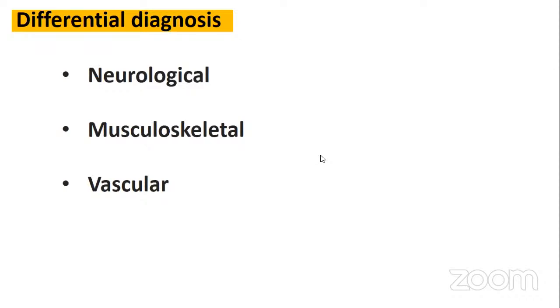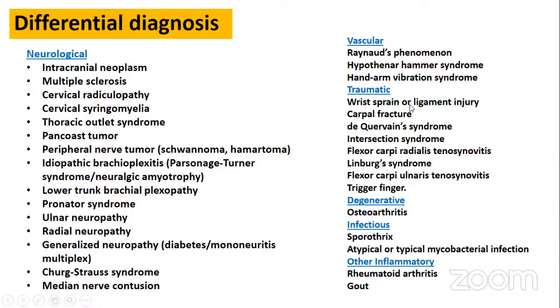So thank you, madam, for that wonderful talk. Coming to the differential diagnosis, Amit was very particular that we talk about this. So broadly, you can classify them into neurological, which is most of the differential, obviously, because we're dealing with the nerve. It could be musculoskeletal or it could be vascular also. If you just look at the list of the differentials, we might actually get scared.